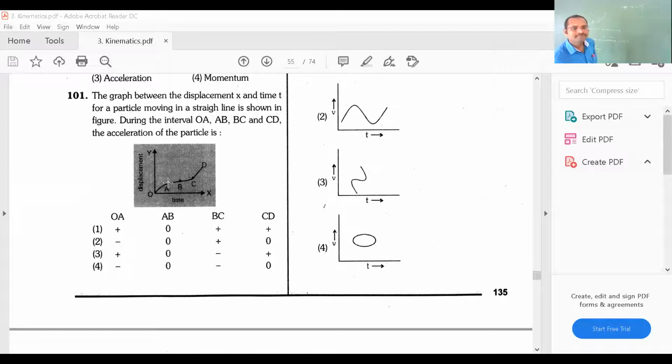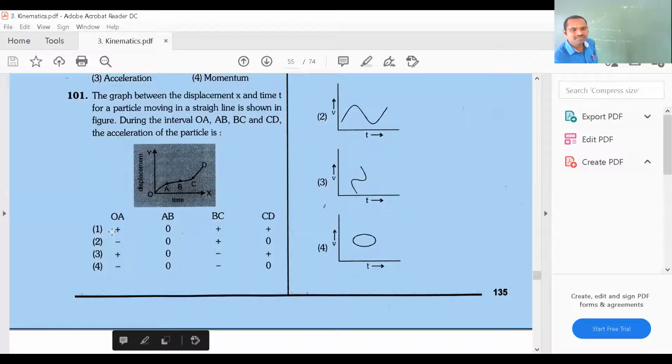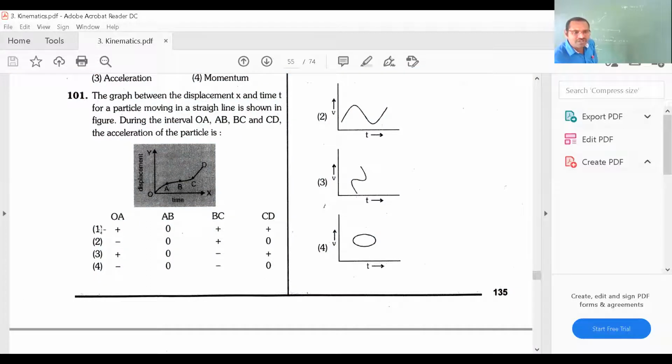O to A. Velocity is going on increasing here, so we can say that acceleration is positive. So your option should be the first option or the third option; among these two.